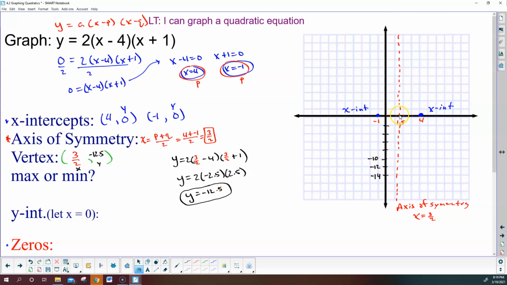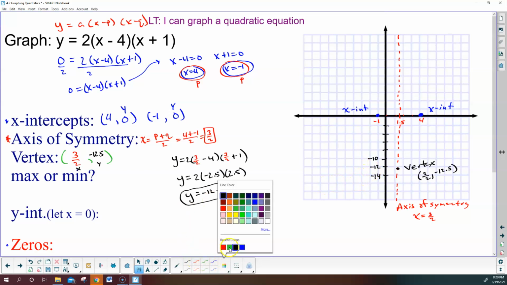I would go over 1.5 and down 12.5, which would be about right there. So I'll label that as my vertex. Okay, and if you need to pause right now to get caught up, go ahead. We're covering a lot right now.